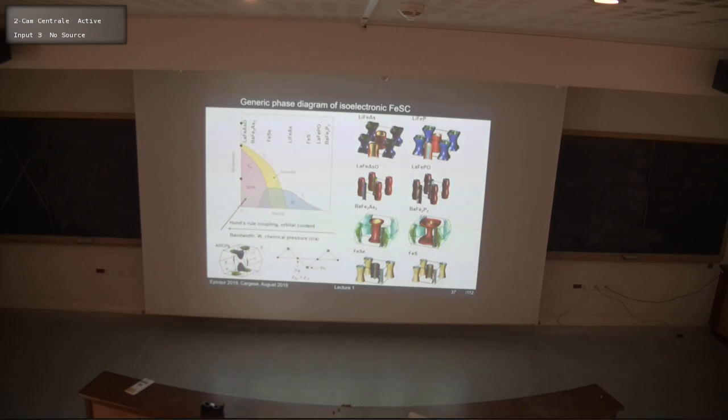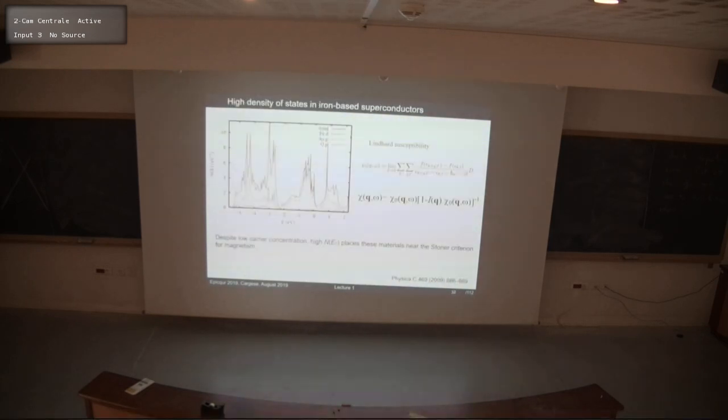So all these features can be explained in a simple itinerant picture, thinking about the Fermi surface and band structure. However, the final ground state requires more than that. It requires understanding the orbital characters, understanding the correlations, how the bandwidth changes, and we will see later also the role played by the Hund's rule coupling.